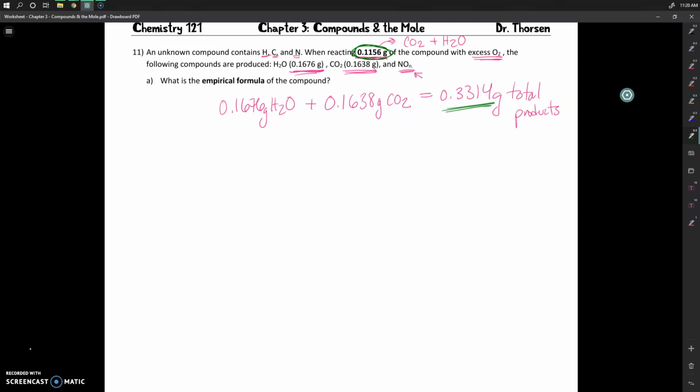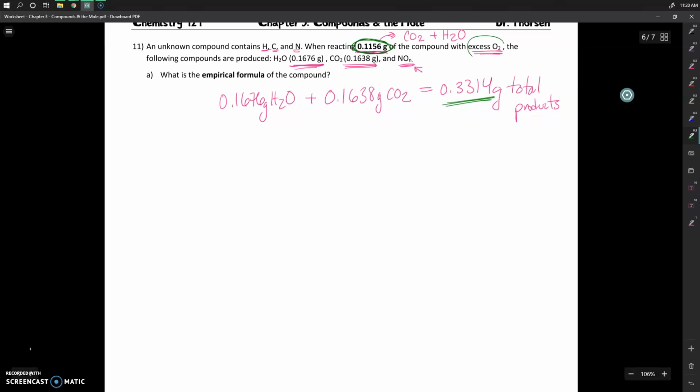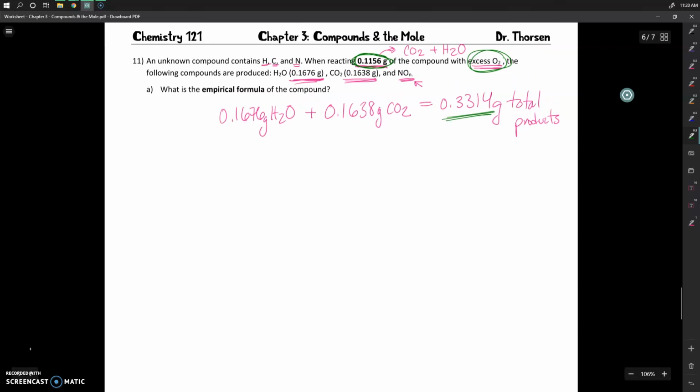And the key to that is to remember that oxygen is also being added into this reaction. So the oxygen in the water and the oxygen in the CO2, note that in this case, those aren't even coming from the original compound because we don't have any oxygen in our original compound. We've only got hydrogen, carbon, and nitrogen. And so that additional oxygen being added in is adding some mass.